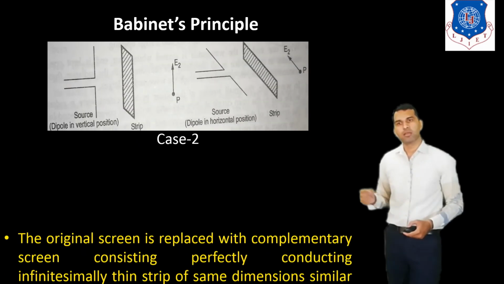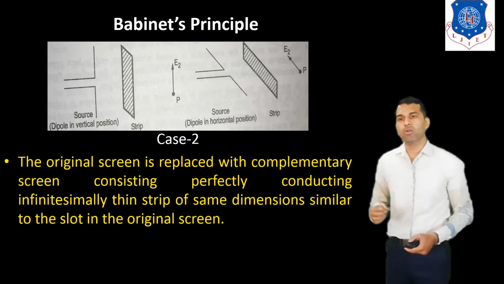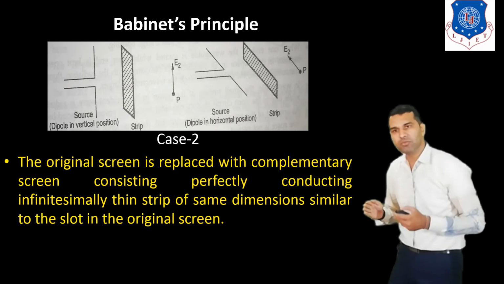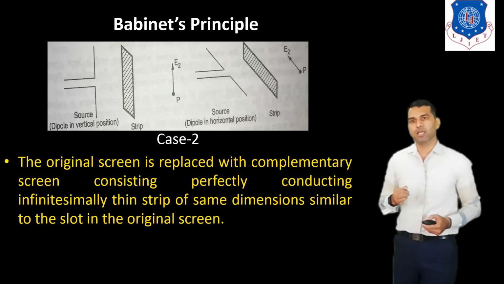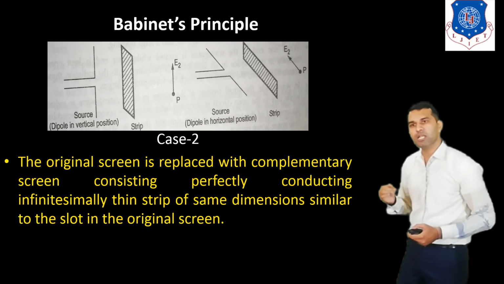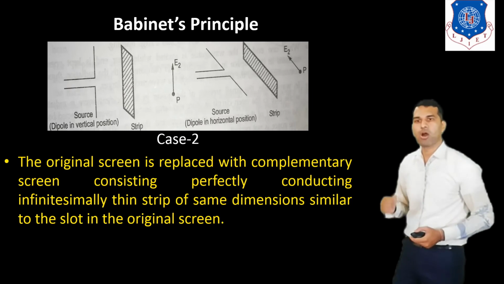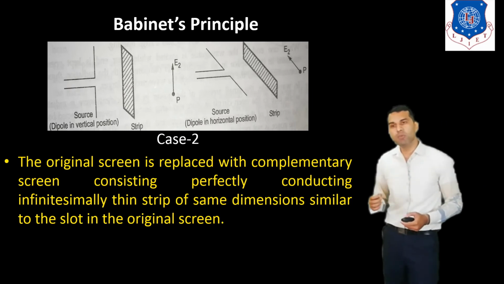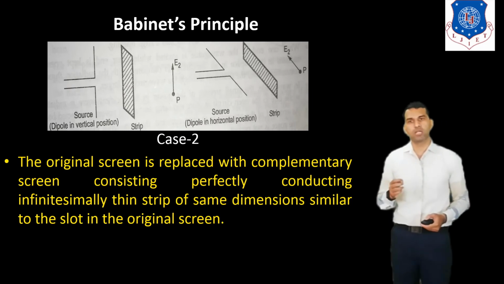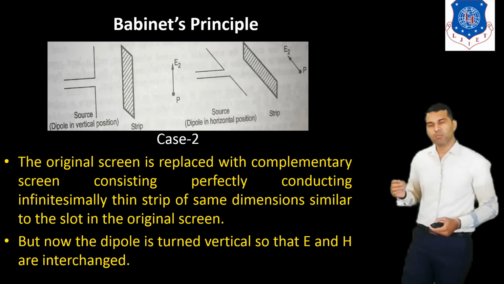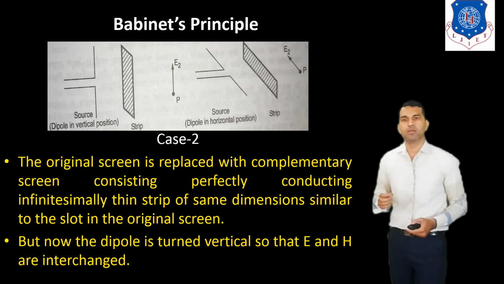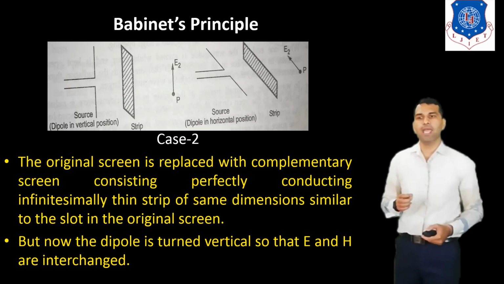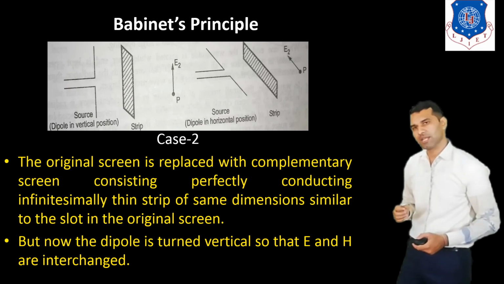Now case 2. The original screen is replaced with the complementary screen consisting of a perfectly conducting, infinitesimally thin strip of the same dimension as the slot in the original screen. But now the dipole is turned vertical so that E and H are interchanged.